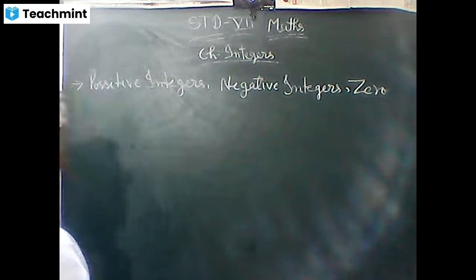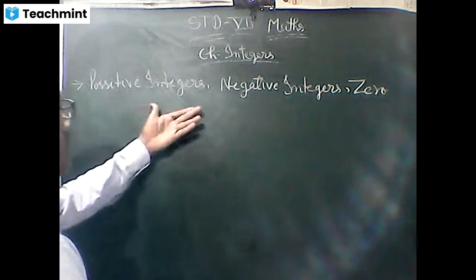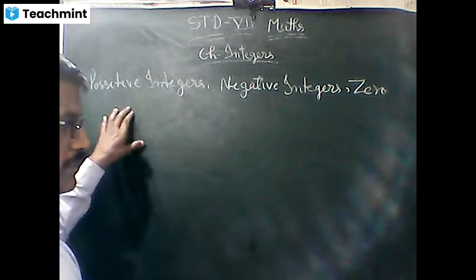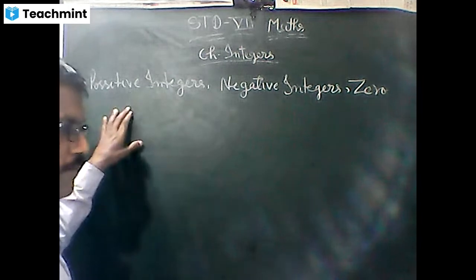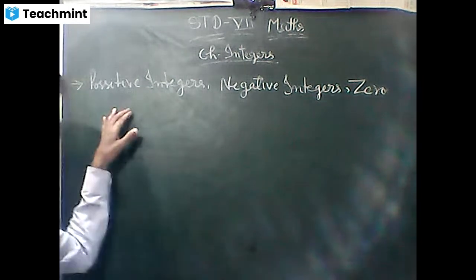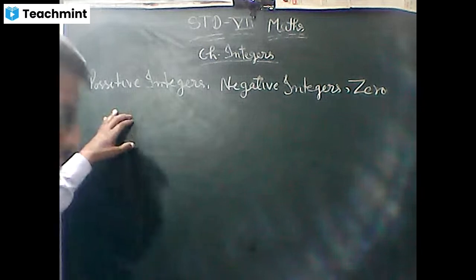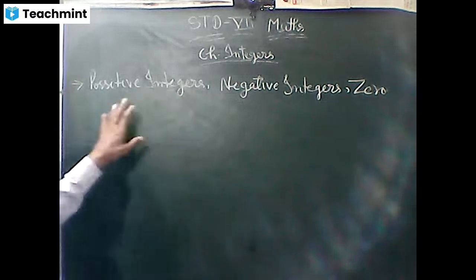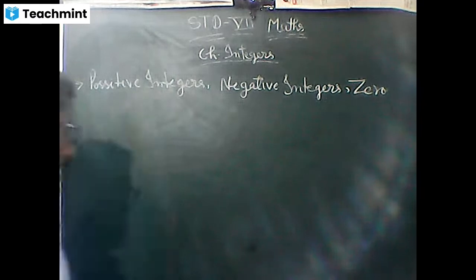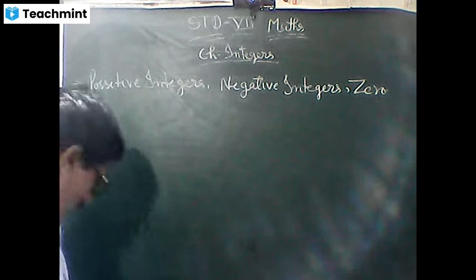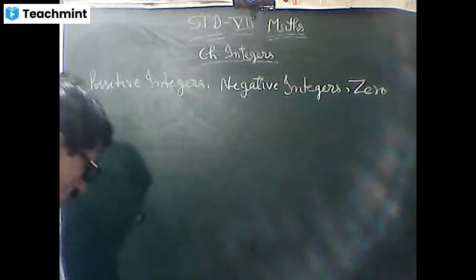So we have to understand and try to solve our integers in standard 6. We have to solve our addition and subtraction, and we have to try to represent our integers on the number line, and we have also solved many problems on our integers.